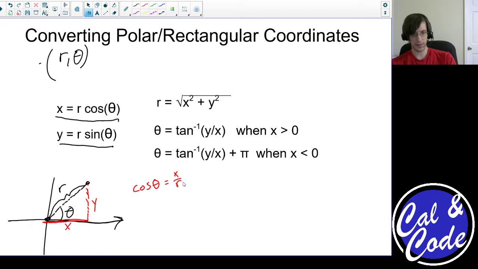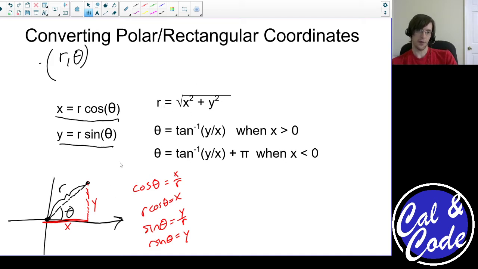If I solve this for x, I get r cosine theta is equal to x. I can do the same thing with y. Sine of theta is equal to y over r, since sine is opposite over the hypotenuse. So r sine theta is equal to y.